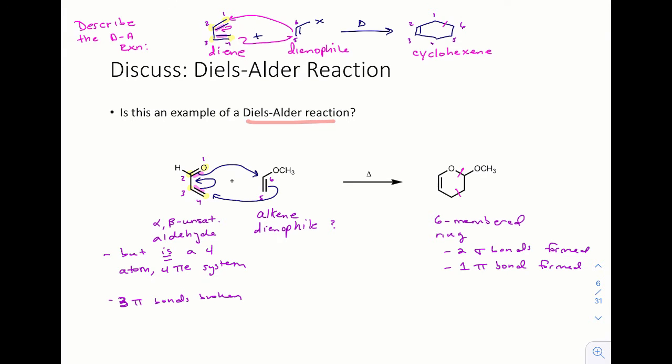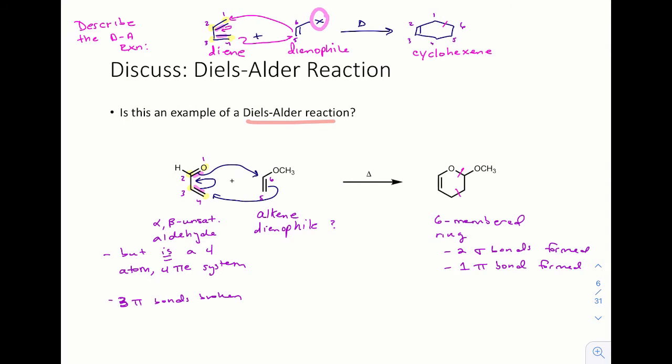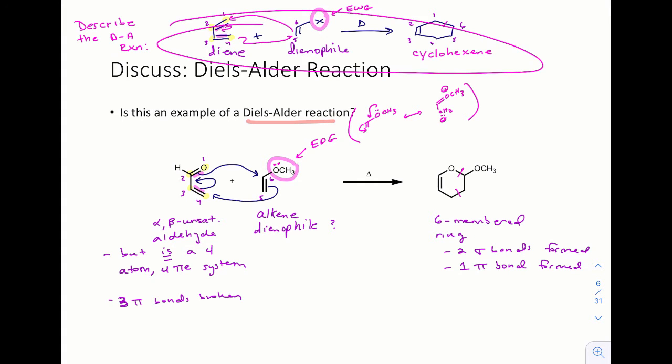There are a few differences. One of those differences is that the dienophile has an electron withdrawing group, whereas the potential dienophile in this reaction has an electron donating group. That makes the dienophile in the normal prototypical Diels-Alder reaction the electron poor species.